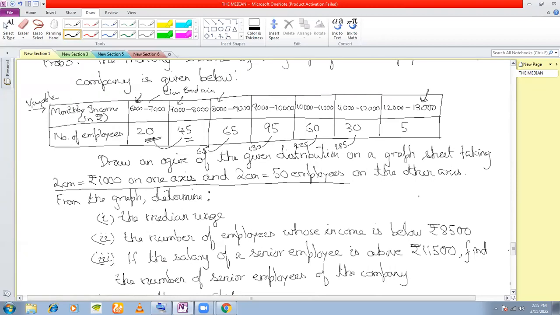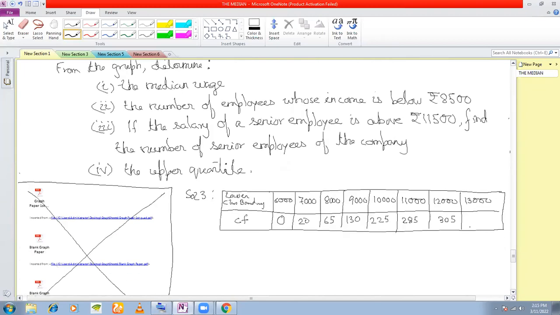And finally 305 we add with 5 to get 320. So there were 320 employees, right? So you have got 320 at the end.